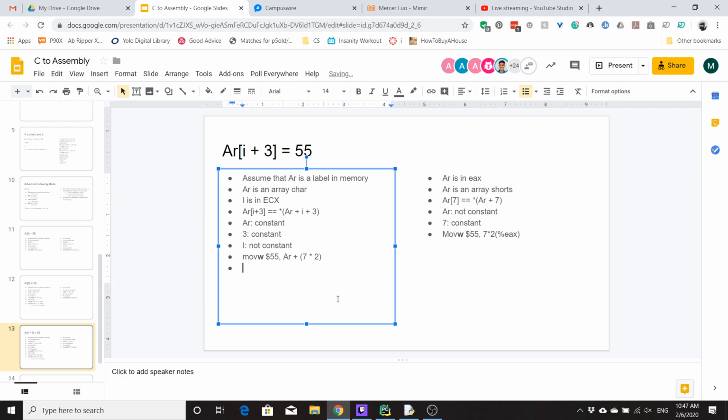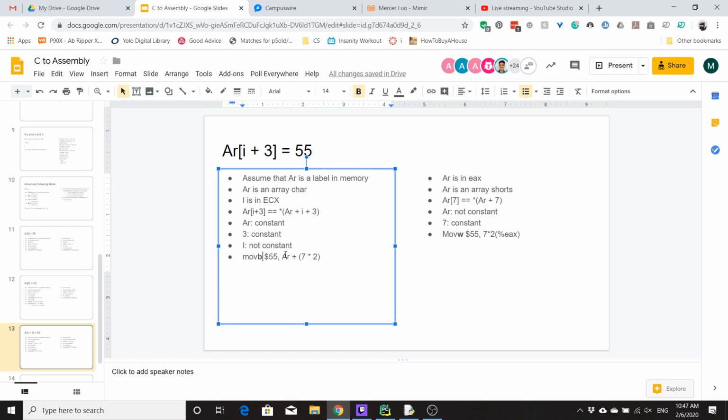So when we go to write our expression now, it's going to be move what? Given that we're working with characters, characters are how many bytes big? 1, so it's going to be move B, right?